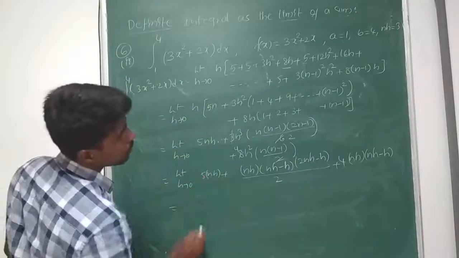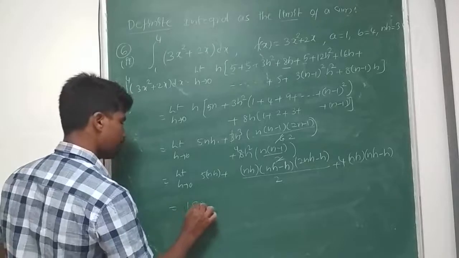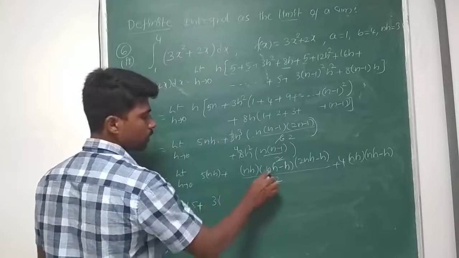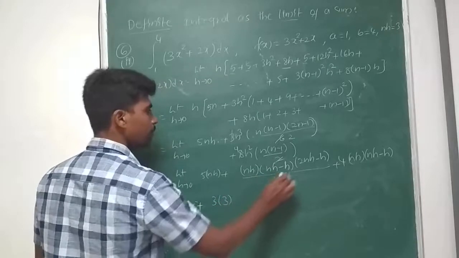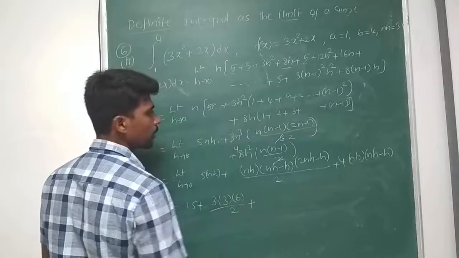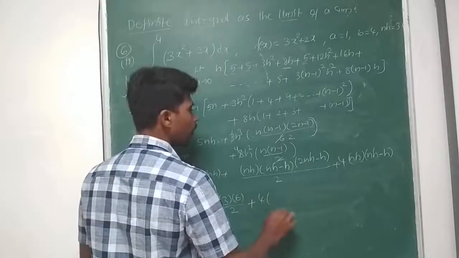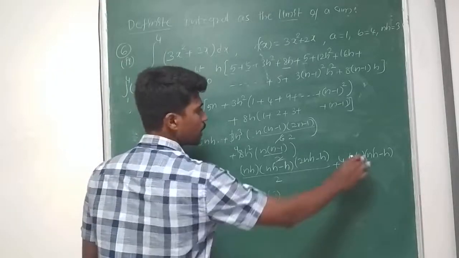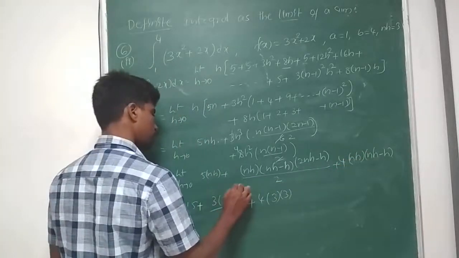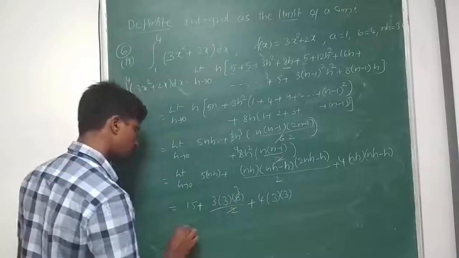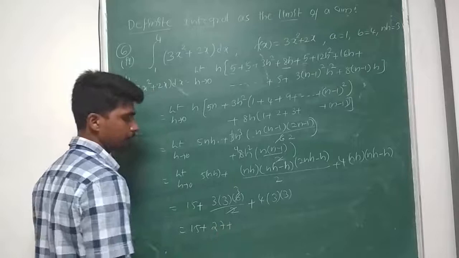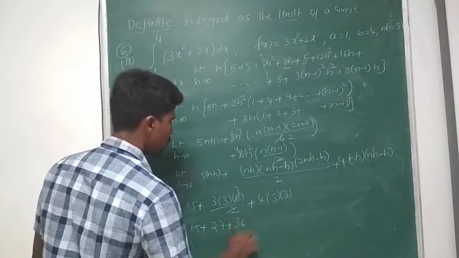So nh value is 3. 5 times 3 is 15, plus 3 into (3 minus 0), again 3, 6 minus 0, 6, by 2, plus 4 into 3, 3 minus 0, 3. So what is our answer? 15 plus 27 plus 36.